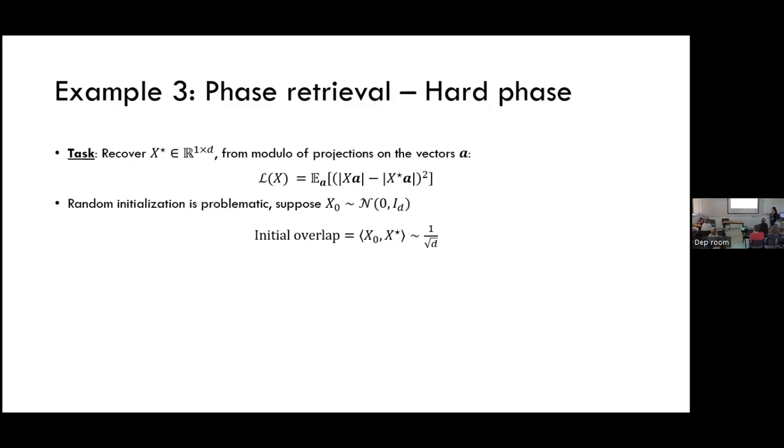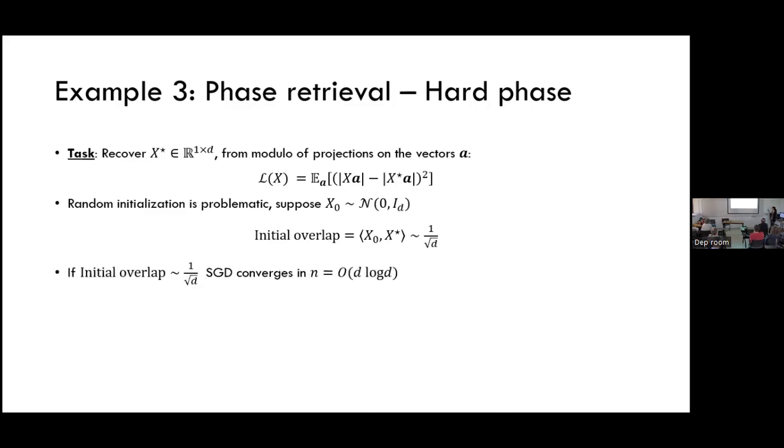The problem here is that if I take two random vectors in high dimension, x0 and my x star, then I expect that the overlap would be something like 1 over square root of d if they have no correlation between them. That creates problems because it means that it will take you a lot of time to build this non-zero overlap.